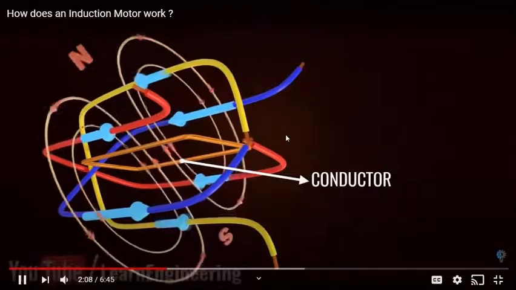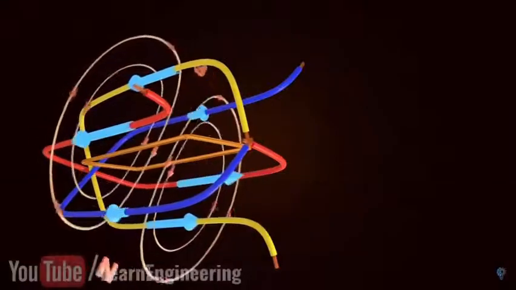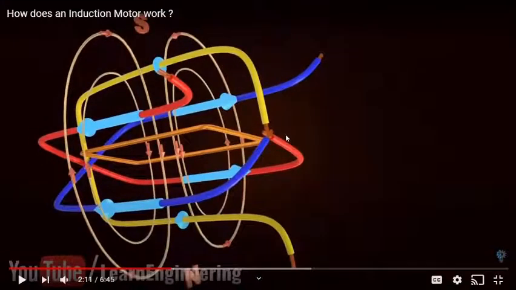According to Faraday's law, because the magnetic field is varying, ingat Faraday's law, bila ada magnetic flux varying, so magnetic flux tu berubah, dΦ/dt, so bila ada dΦ/dt equal to induced EMF. Okay, so akan ada EMF terinduce lah.